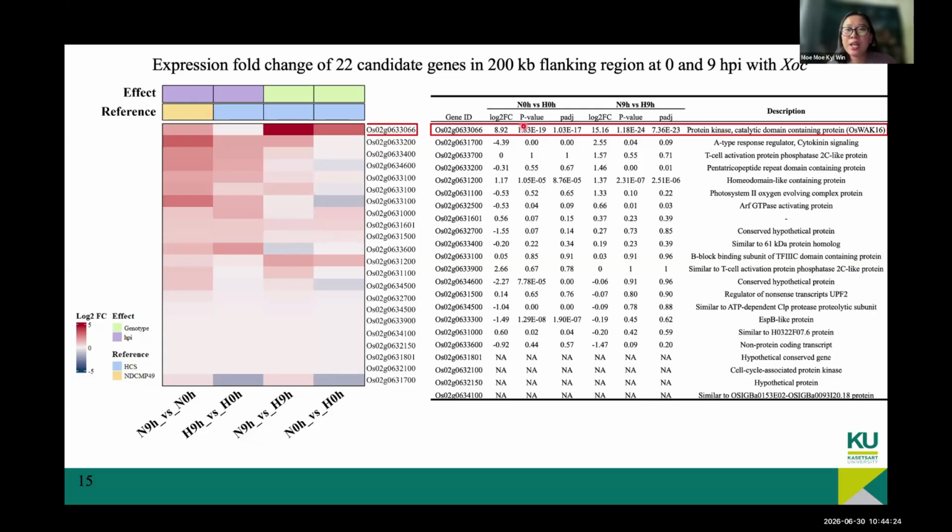At 0 HPI, the expression of this gene is around 9-fold upregulated in the resistant parent, but after 9 hours of inoculation, the fold change almost doubled, around 15 times upregulation in the resistant parent.